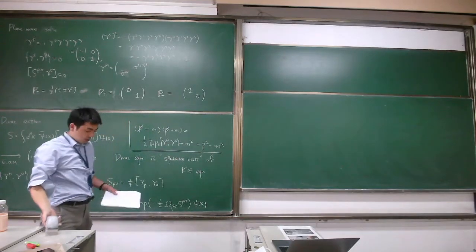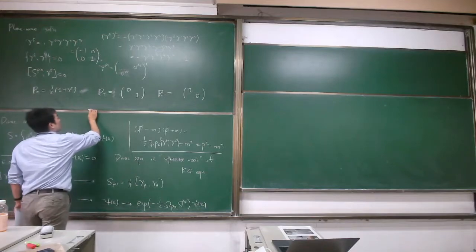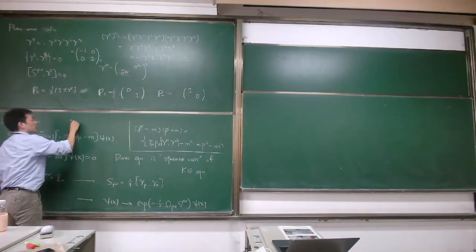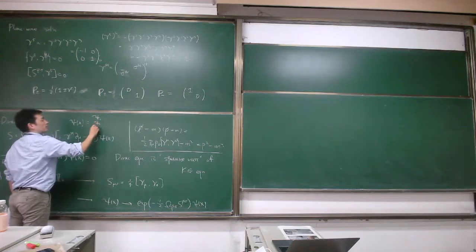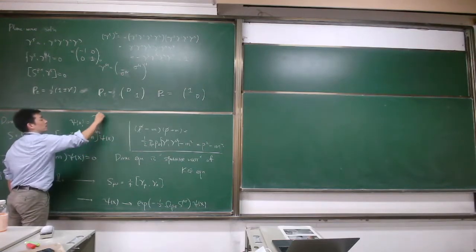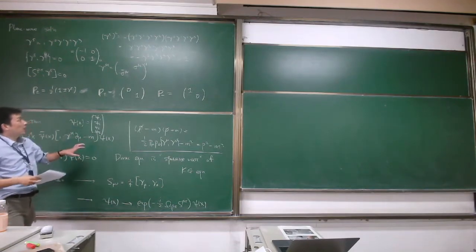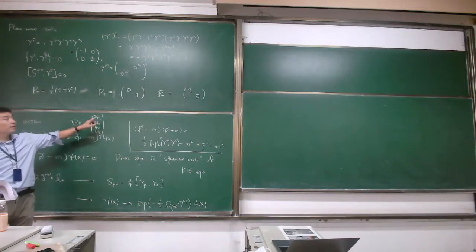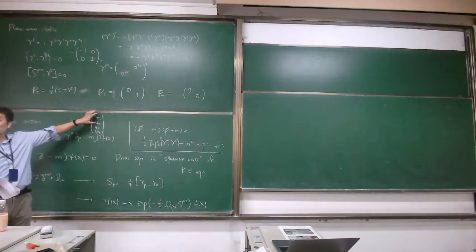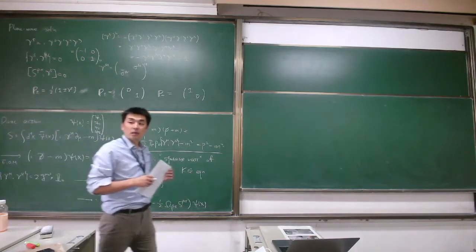So now you can easily see that the Dirac field has four components like this way, and if you act with P plus, you only keep the lower component, and if you act with P minus, you keep the upper component. That's how it acts.